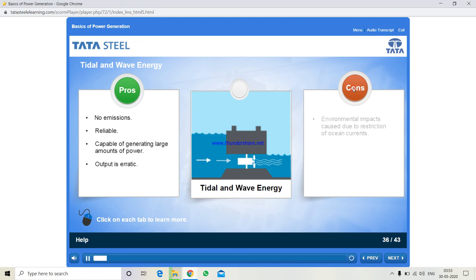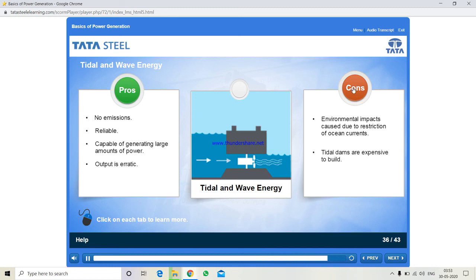Environmental impacts caused due to restriction of ocean currents. Tidal dams are expensive to build.